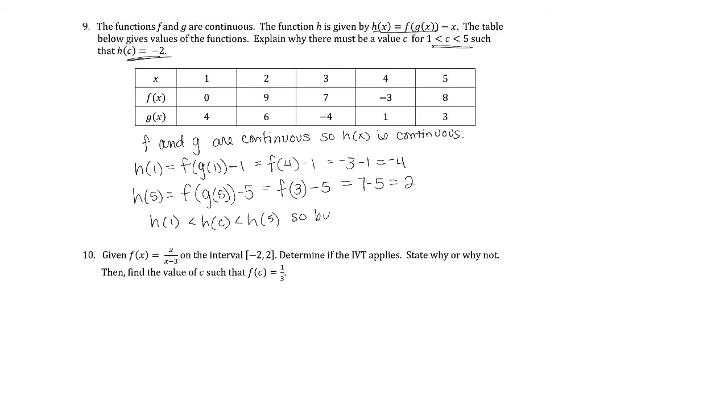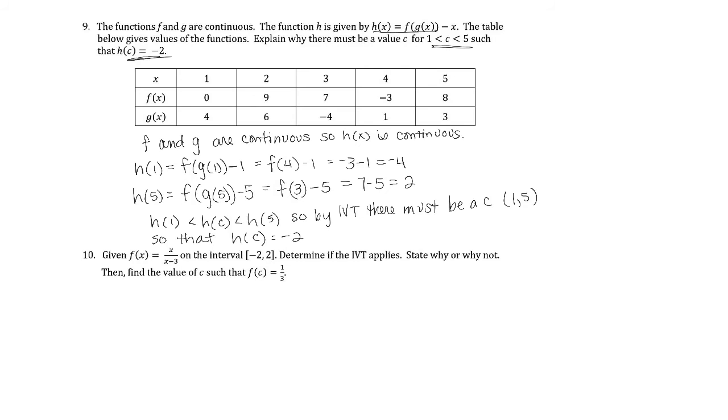So by the intermediate value theorem, there must be a c on the interval from 1 to 5 so that h at c equals -2. All right, so let's move on to the next one.